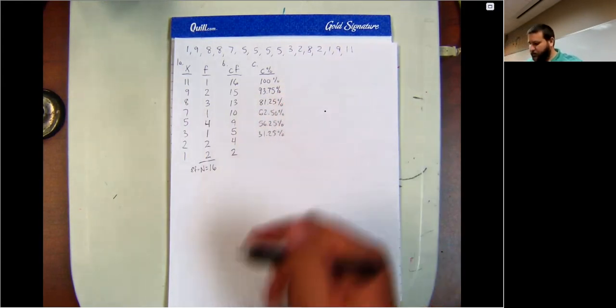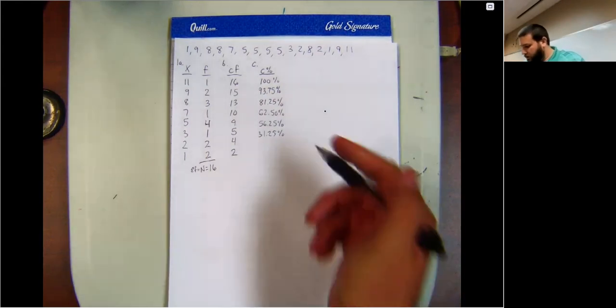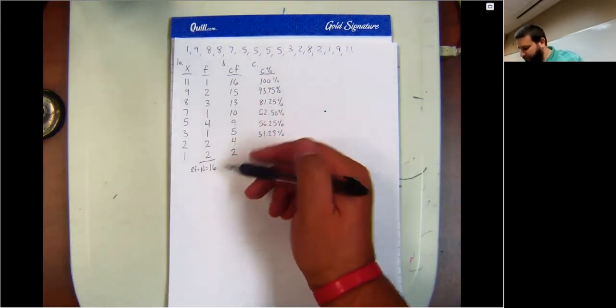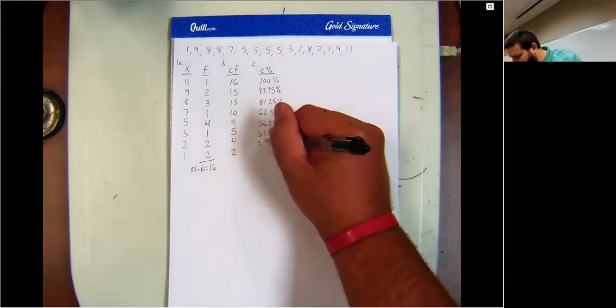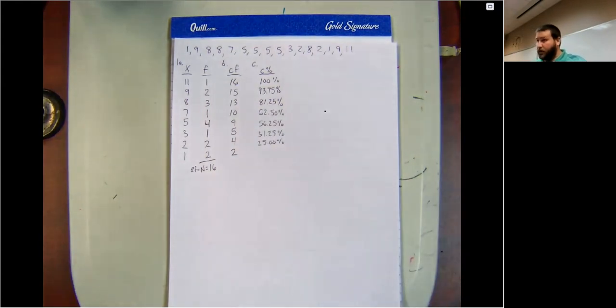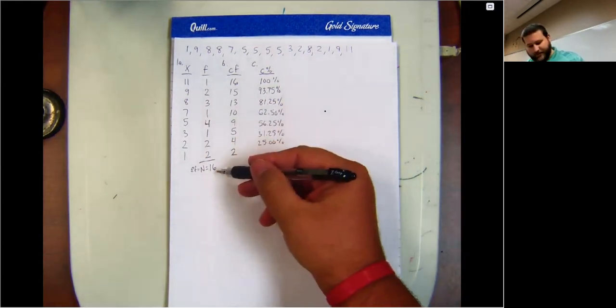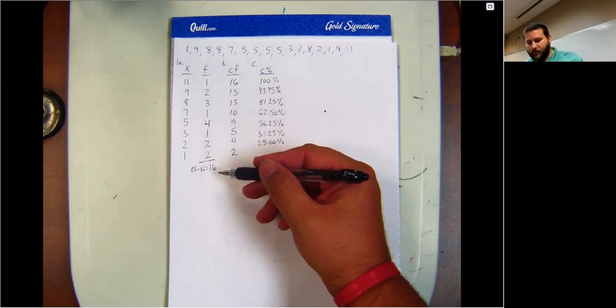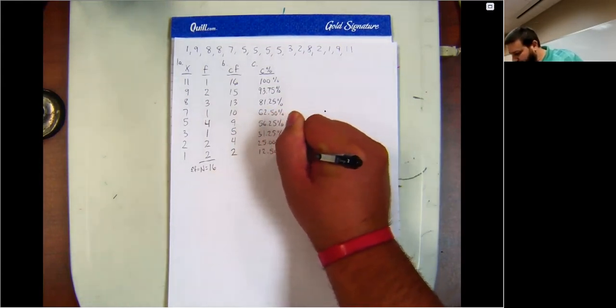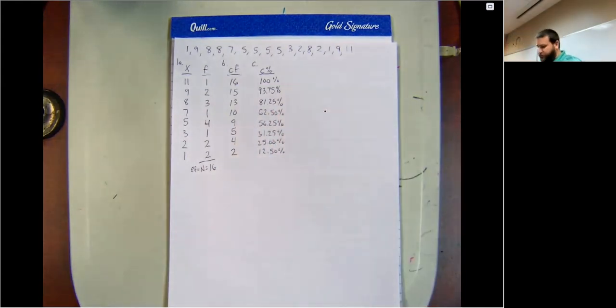And then what percentage scored a 2 or lower? 4 divided by 16 is 0.25, times 100 is 25%. And then what percentage scored a 1 or lower? 2 divided by 16 is 0.125, times 100 is 12.5%. So there is our cumulative percentage column.